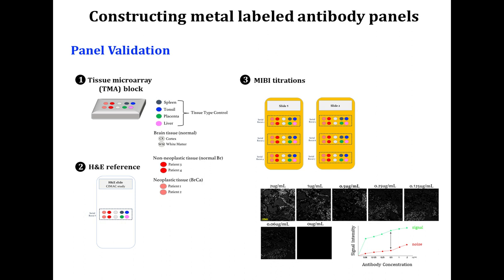The working titer is determined as the titer that yields maximum separation between signal and noise across tissue, as you can see depicted in the bottom of this figure. This approach will help to assess the specificity and sensitivity for each target with regard to its cellular localization and subcellular localization, therefore nuclear, membranous, and cytoplasmic, as well as co-expression of proteins across different tissue types.